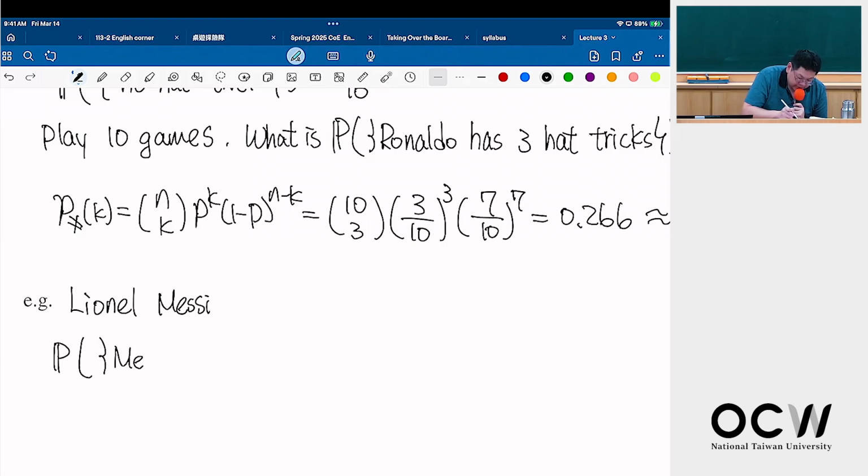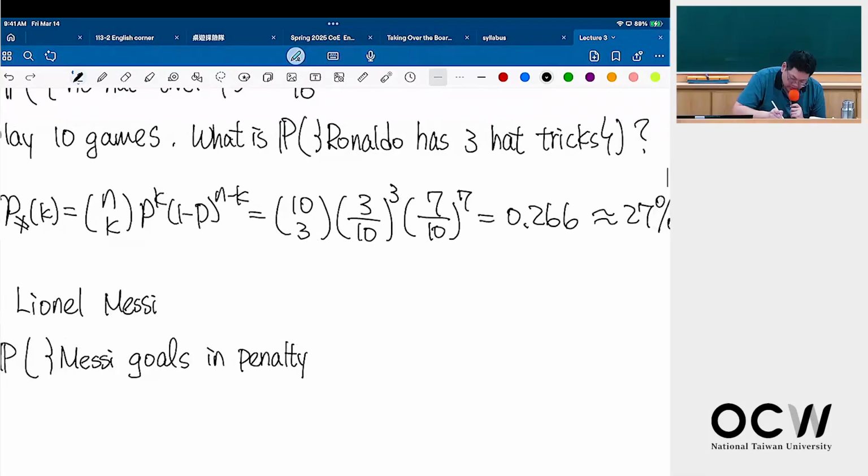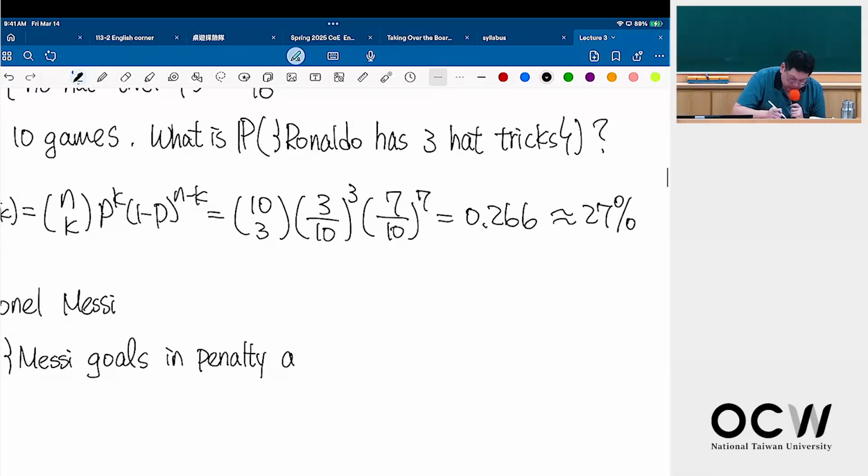So Messi goals in penalty area, say that's 40%.